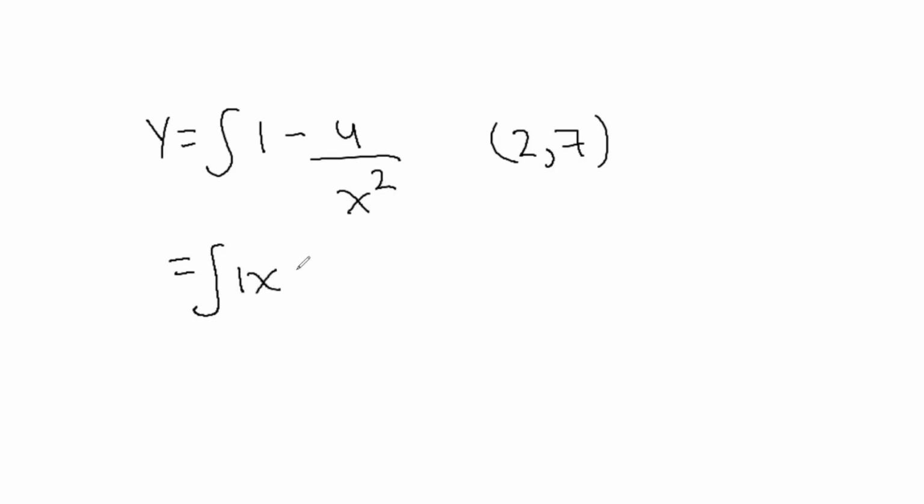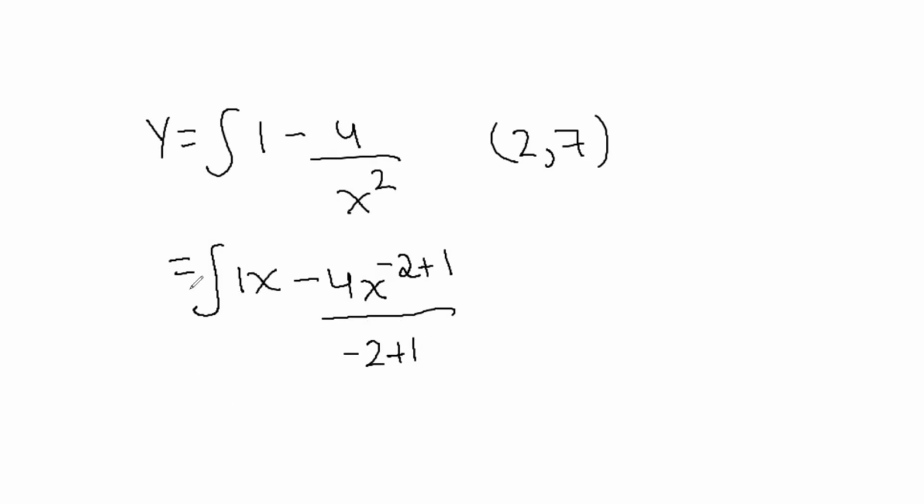And for this, what you can do is you can take x to the power of 2 to the numerator and make it x to the power of minus 2. And then you add 1 and divide by the new power based on the rule. So this is the integration.